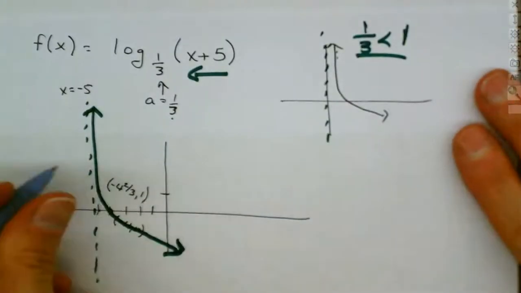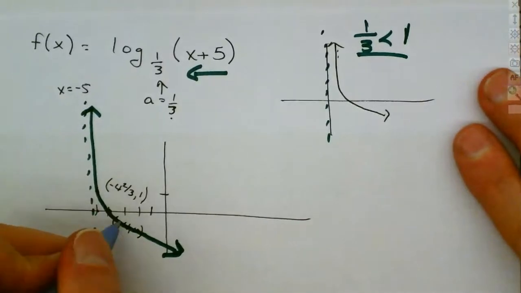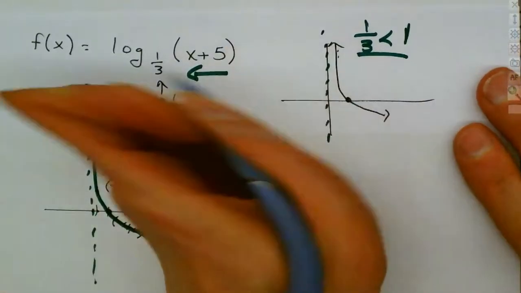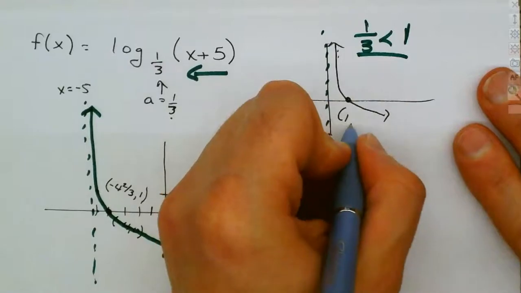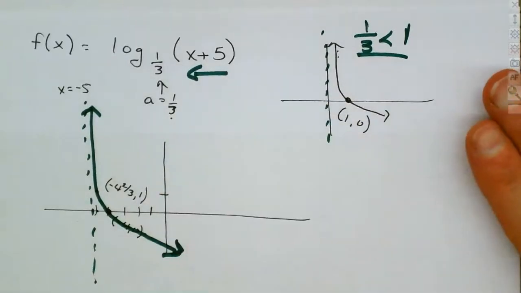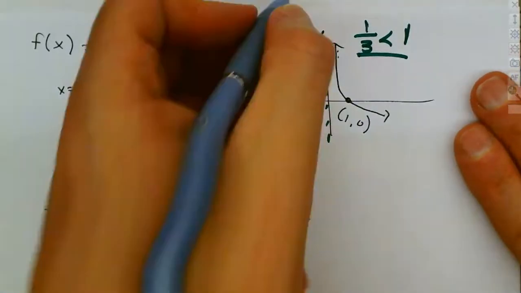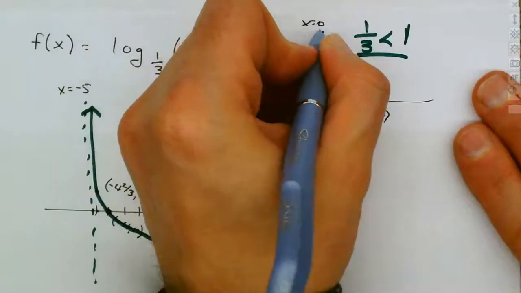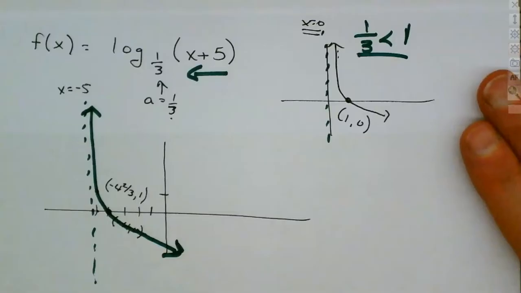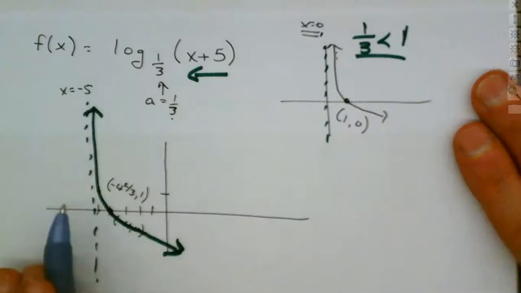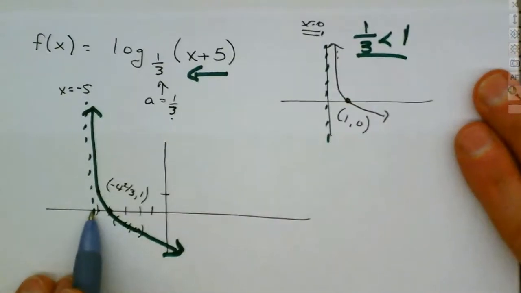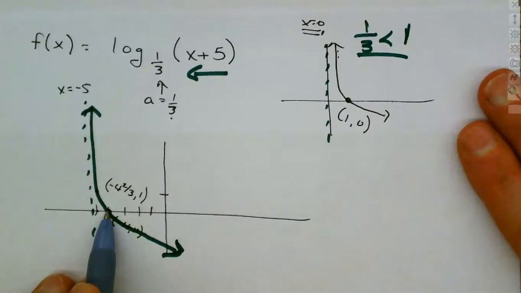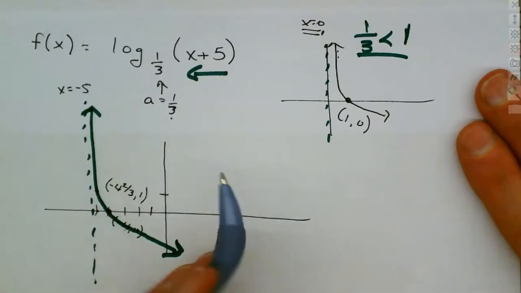Where do I get the negative 4, 0? Okay, on here, on this one, this is at 1, 0, isn't it? It's 1 unit from that x equals 0. So when I slid this back to negative 5 here, I slid it 1 more unit forward past the vertical, and that's why I've got the minus 4, 0 there, because it slides it forward 1.